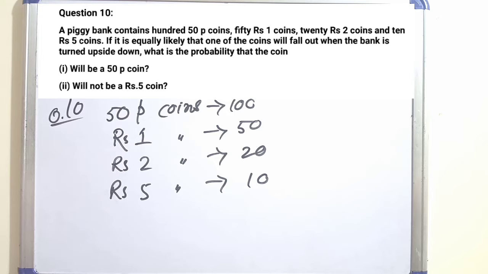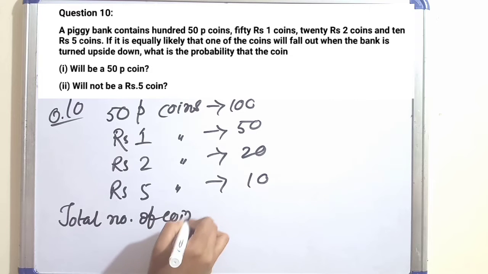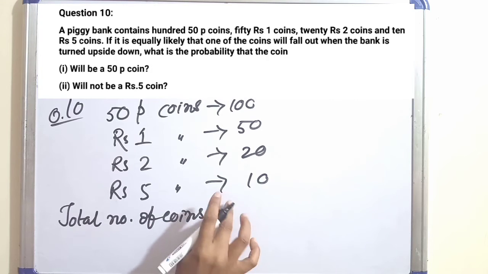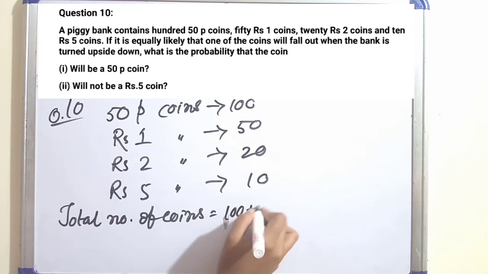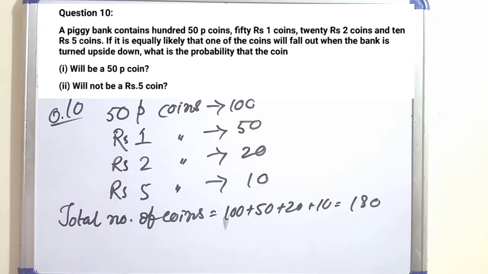So total number of coins is equal to 100 plus 50 plus 20 plus 10, that means 180.